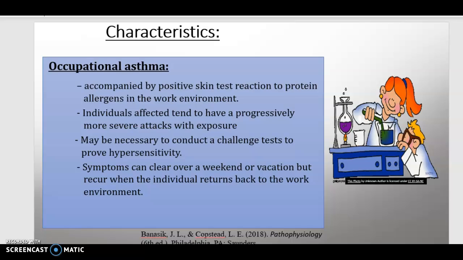But then when you come back to work, they reappear. Individuals affected tend to have progressively more severe attacks with exposure, and there is usually a positive skin test reaction to the protein allergens in the work environment.